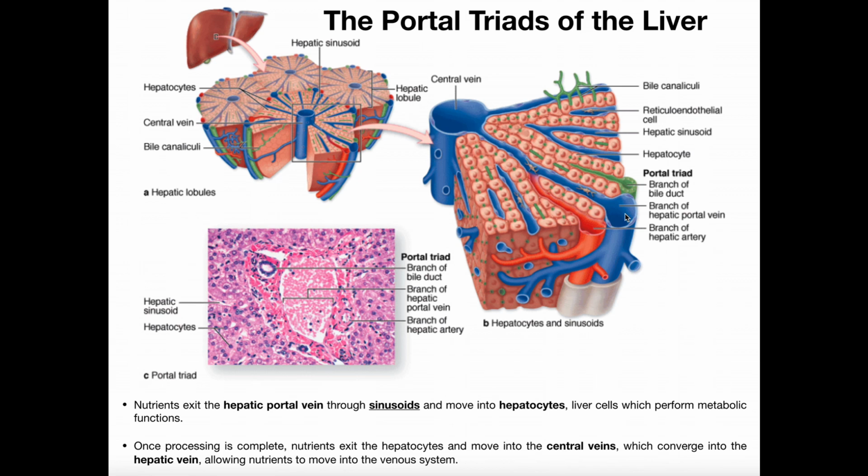So when you have dietary sugar, dietary amino acids, fats are a little bit different, but we'll just say sugars and amino acids, they are absorbed into the superior mesenteric vein. Well, the superior mesenteric vein ultimately drains into the hepatic portal vein.